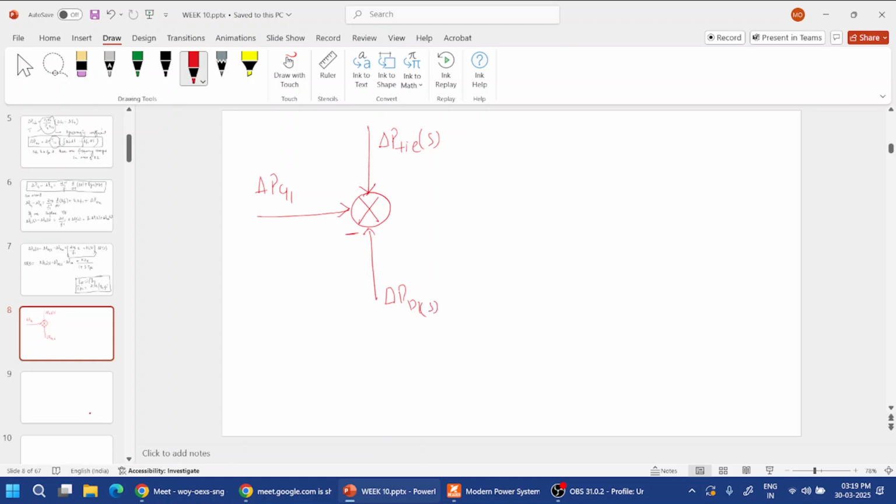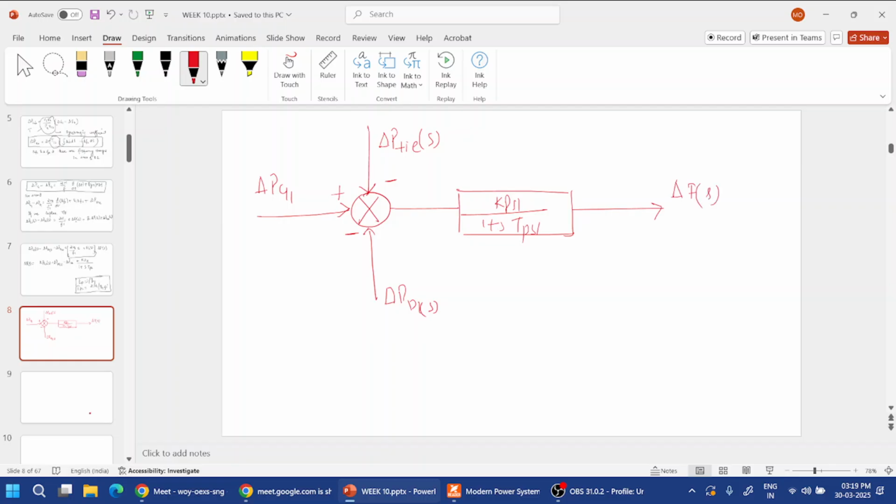This is plus, this is minus, this is minus. Then it goes through the block Kp1 divided by 1 plus sTp1, and the output is the frequency.